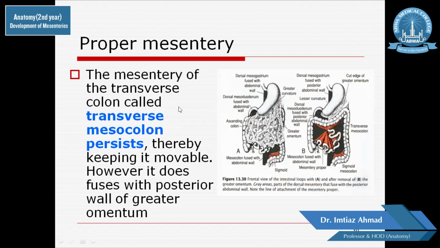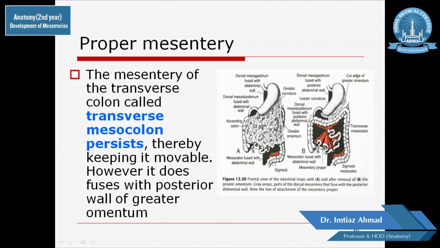The mesentery of the transverse colon, called the transverse mesocolon, persists. Here the mesenteries are resolved, so the ascending and the descending colons look attached to the posterior abdominal wall. But here in the region of the transverse colon, the mesentery exists, which is known as the transverse mesocolon.